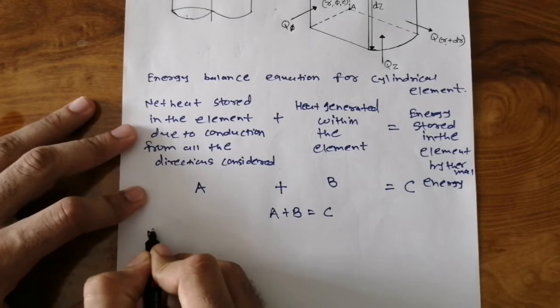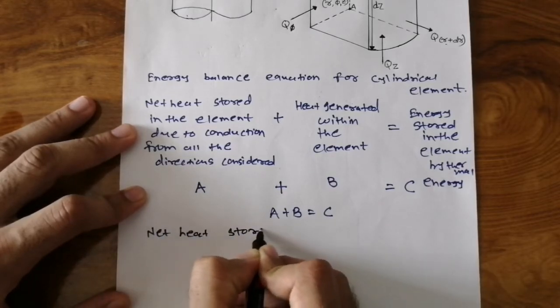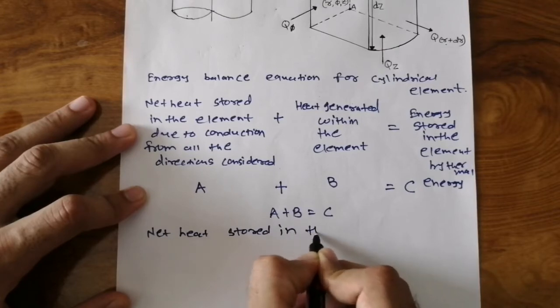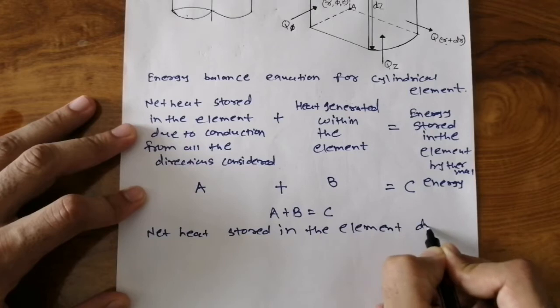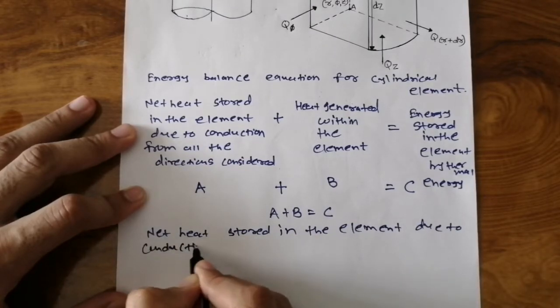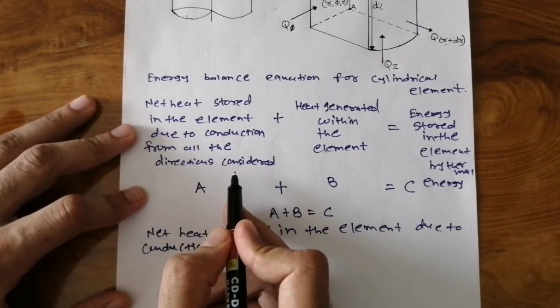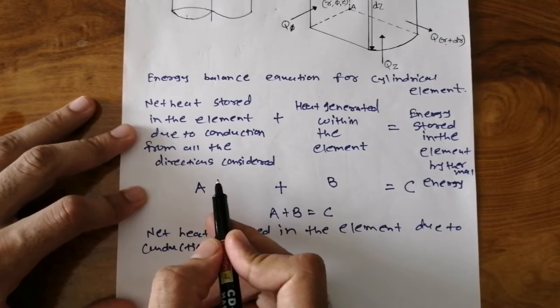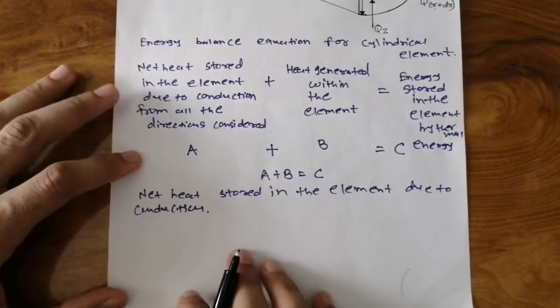For part A, the net heat stored in the element due to conduction, all directions will be considered: radial, tangential and axial. First we consider the radial direction.